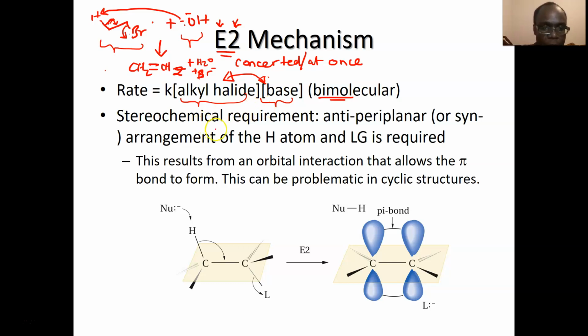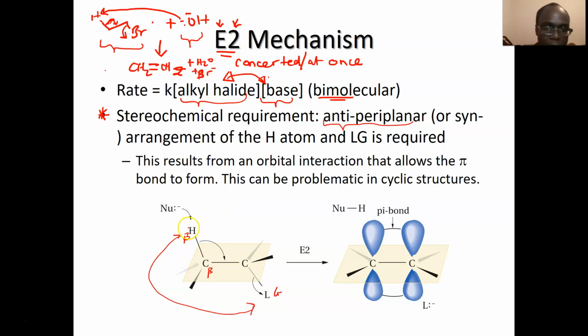Now, there is a stereochemical requirement, which means that the hydrogen to be taken out, the hydrogen next door, on this carbon, we call it a beta carbon, so the beta hydrogen to be removed must be 180 degrees in orientation to the leaving group. Okay, so that case is called anti-periplanar.